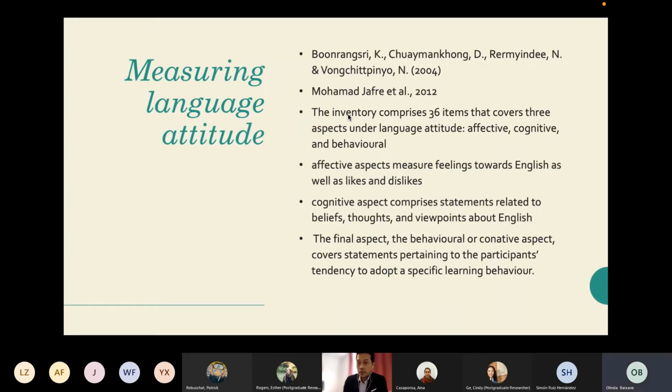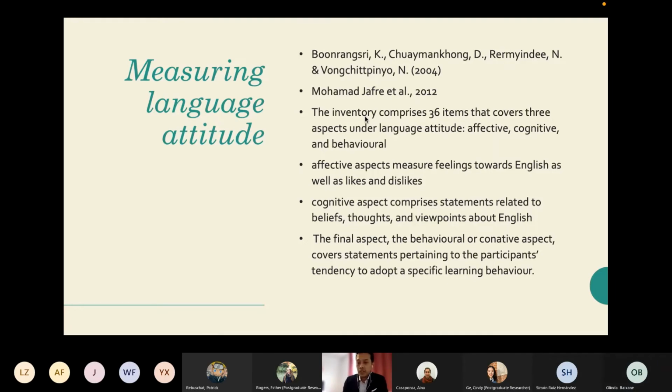They managed to categorize, instead of using one instrument that is general, they use statements that are categorized into 3 components, 3 aspects: affective, that measures feelings towards English, as well as the likes and dislikes and how the non-native speakers feel towards the native speakers or English language speakers.